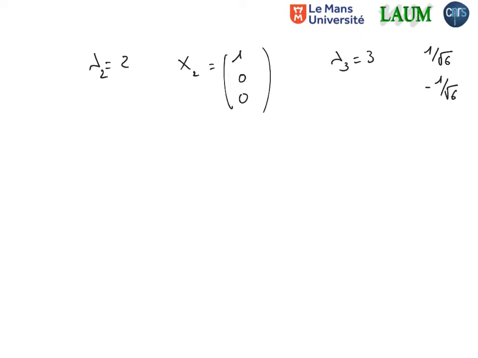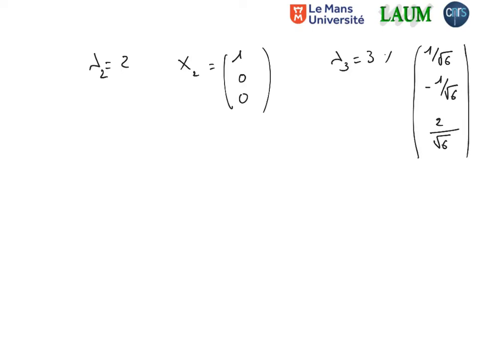So we can do the same for the other two eigenvalues, and we find the following result: for lambda 2 equal to 2, x2 is equal to (1, 0, 0), and for lambda 3 equal to 3, the vector is (1 over square root of 6, minus 1 over square root of 6, and 2 over square root of 6).